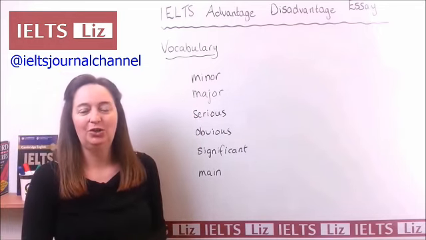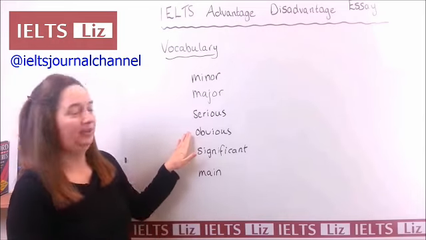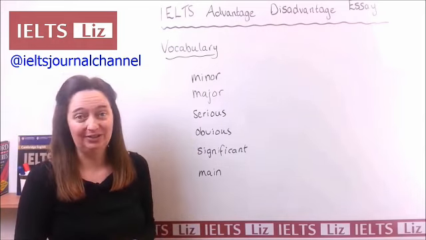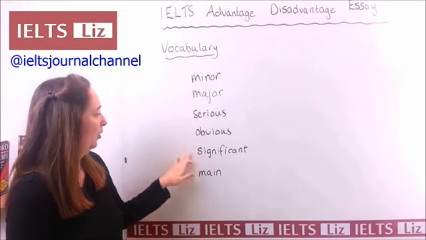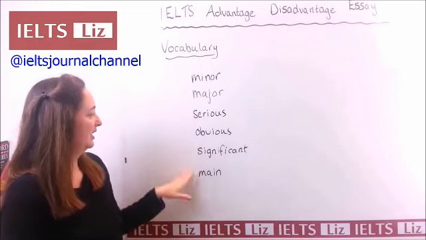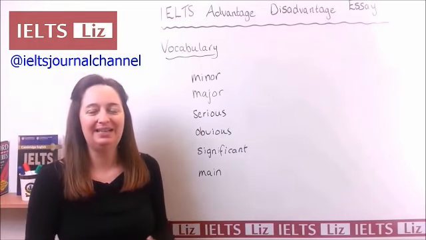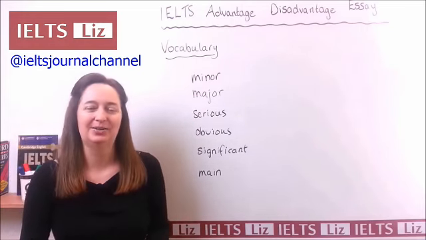Serious, then you can use that for a serious advantage, serious disadvantage. Obvious means it's very clear and evident. Significant, that is another synonym for major. And the main, again, that's another synonym, the main advantage or the main disadvantage. So you can also use these words in your essay as well.